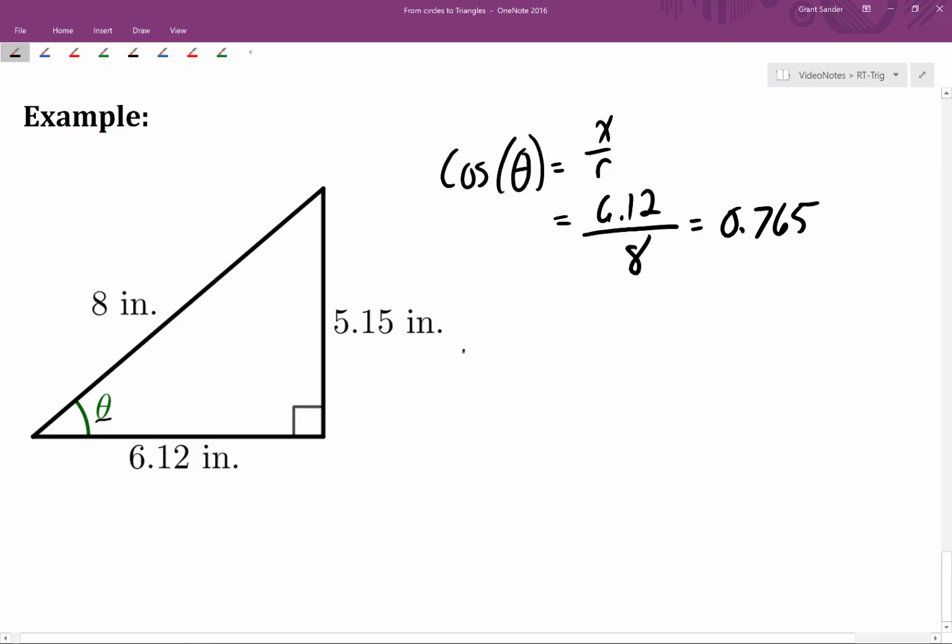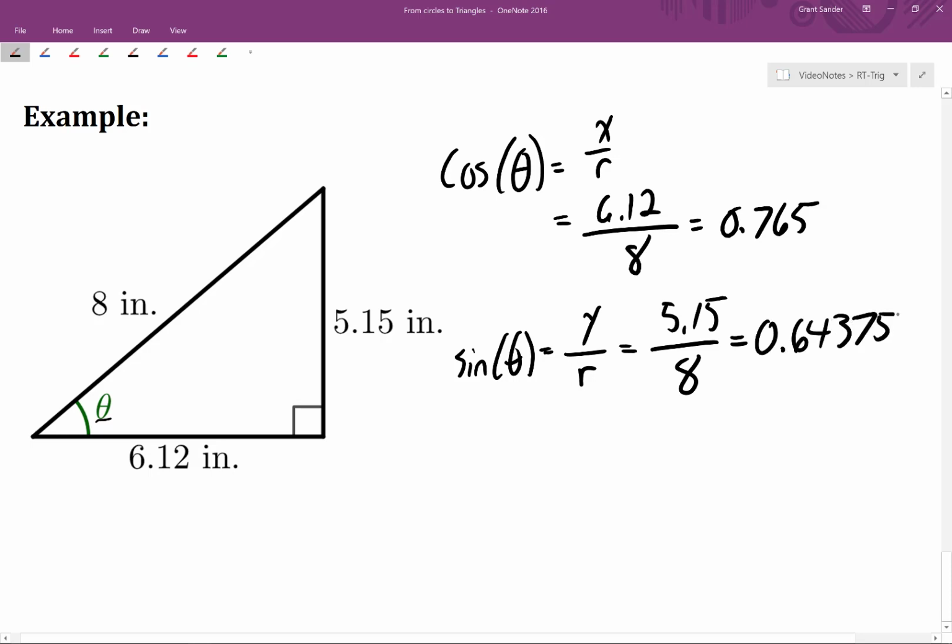On the other hand, sine of theta will be equal to the measure of the vertical side in units of the hypotenuse length r. And that's going to be equal to 5.15 divided by 8, and that's equal to 0.64375.